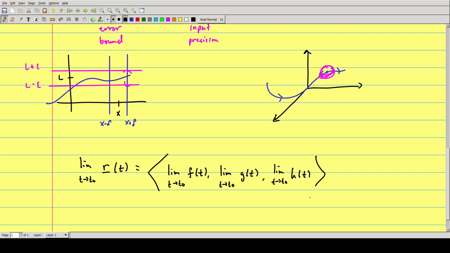Okay? So, from a practical perspective, we don't, like we didn't in Calc 1, think about limits very often in terms of the epsilon delta sense, but if we're doing things with the definition, then that's how we have to work with it. But for practical purposes, since we know how to compute 1D limits, we can do vector valued limits in this sense by examining them component-wise.